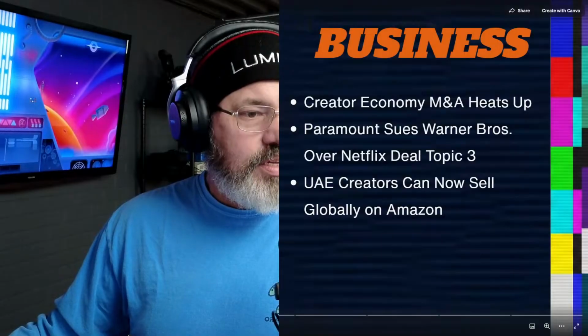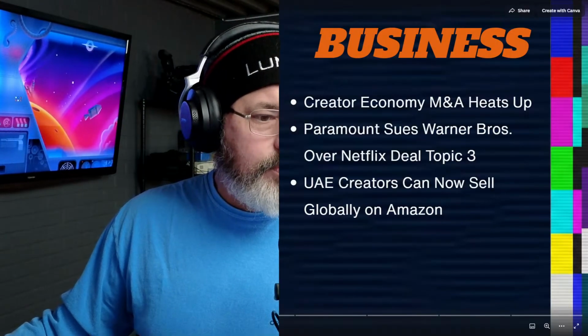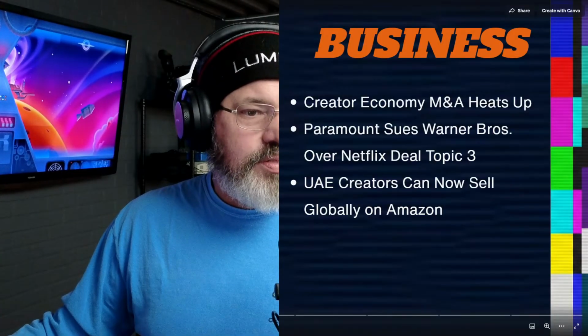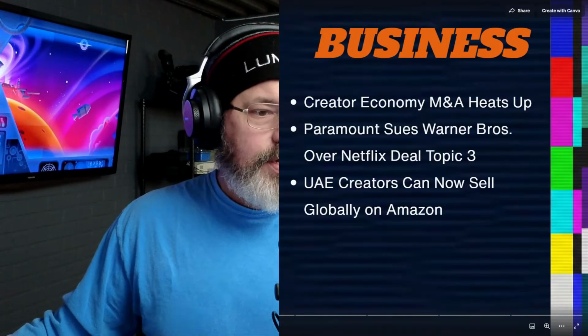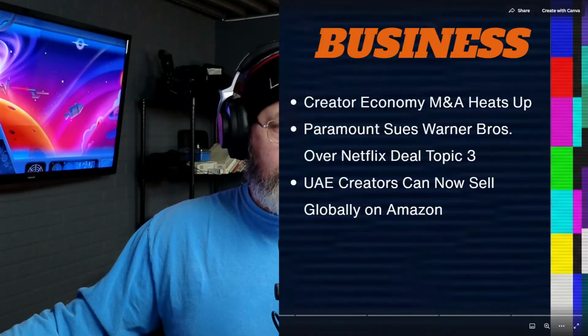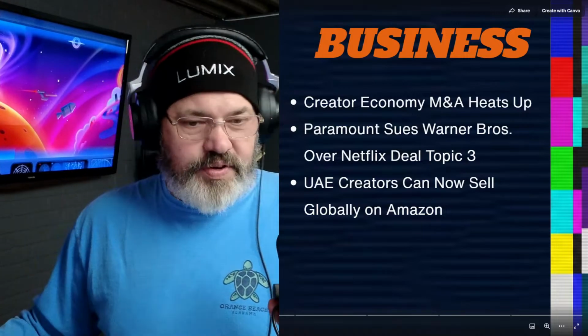So we're going to go to segments. This is the goal for the show. For example: creator economy, M&A heats up, Paramount sues Warner Brothers over Netflix deal. UAE creators can now sell globally on Amazon. So this is a sample of some of the stuff that I want to be doing. You see I need to set my camera there differently.